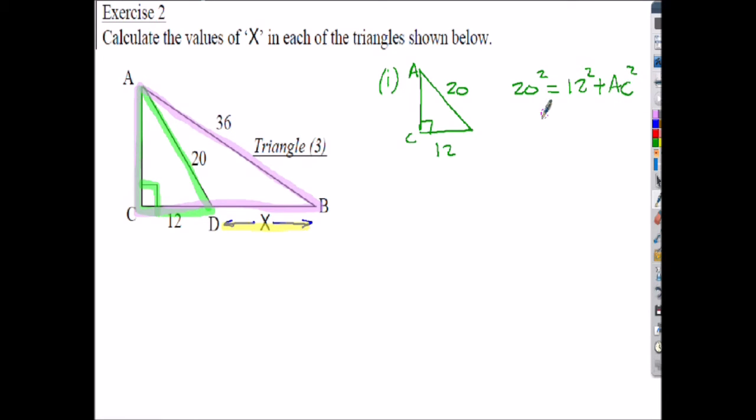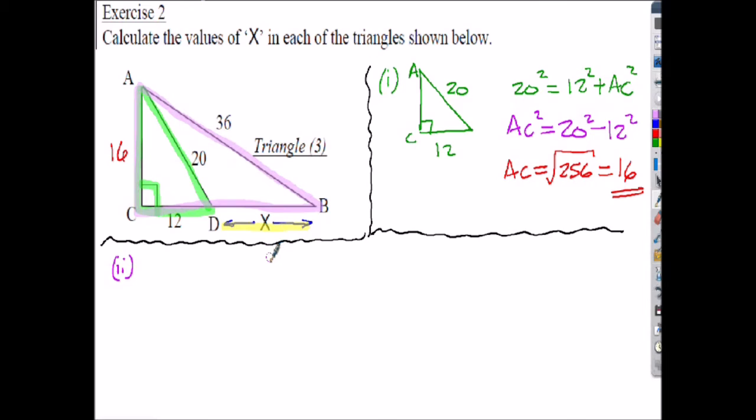Rearranging as shown on the previous slide, that would give us AC squared is equal to 20 squared minus 12 squared. Square rooting both sides, AC is equal to the square root of 256, which is equal to 16. So now we know side length AC has a value of 16.